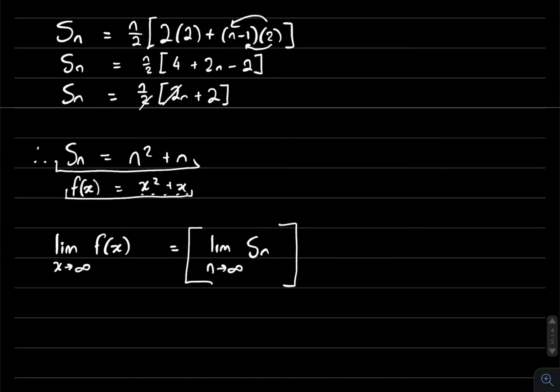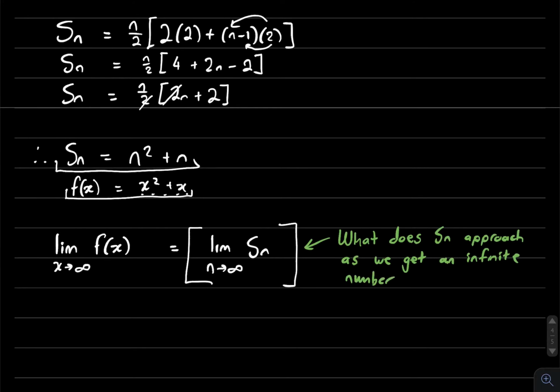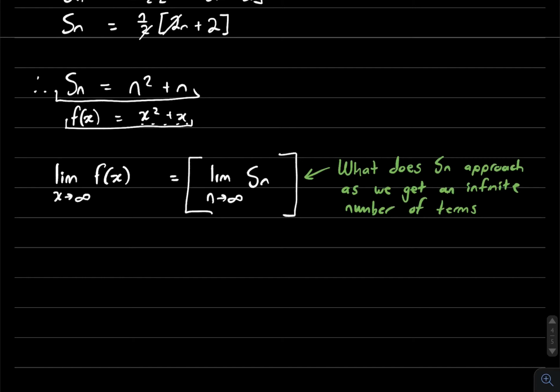So, what does this mean exactly? This is saying, what does Sn approach as we get an infinite number of terms, or a bigger and bigger number of terms?